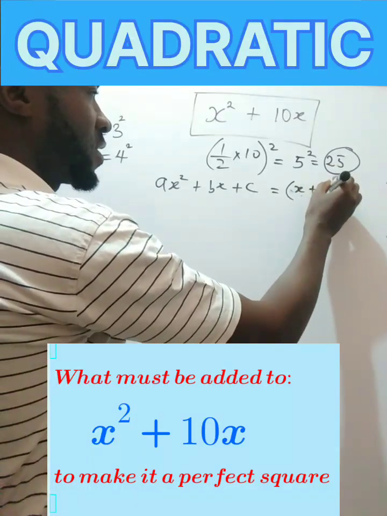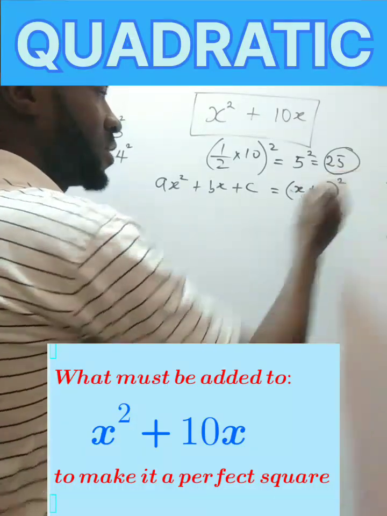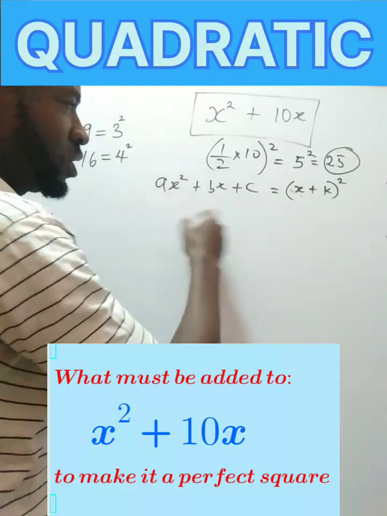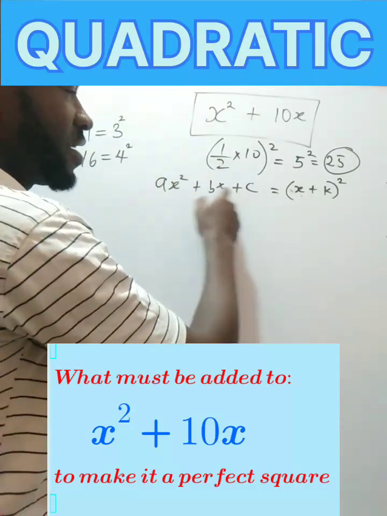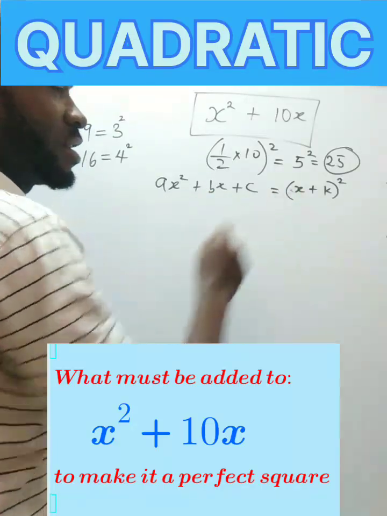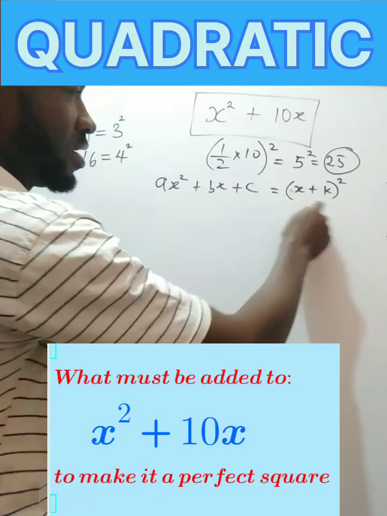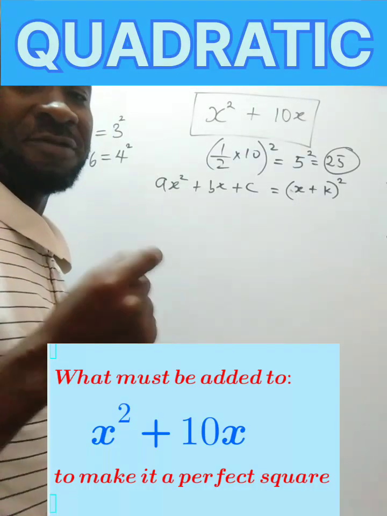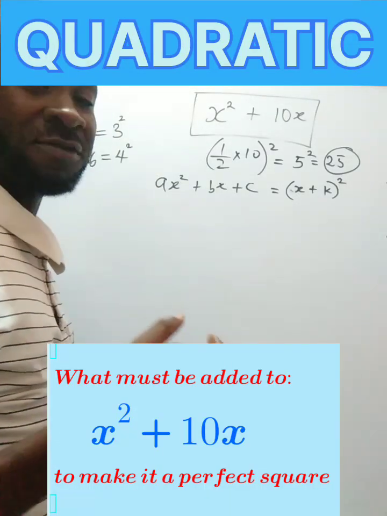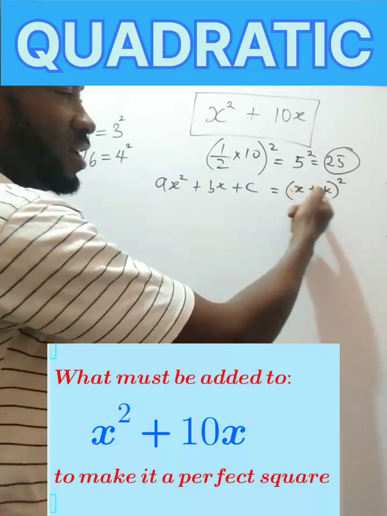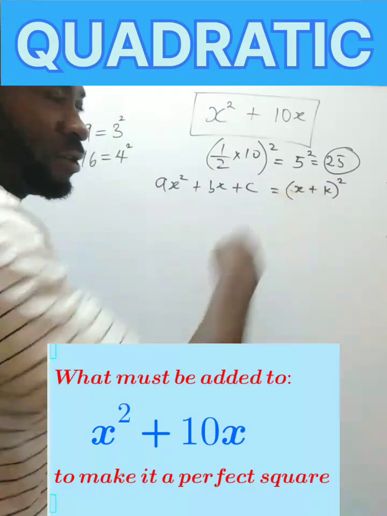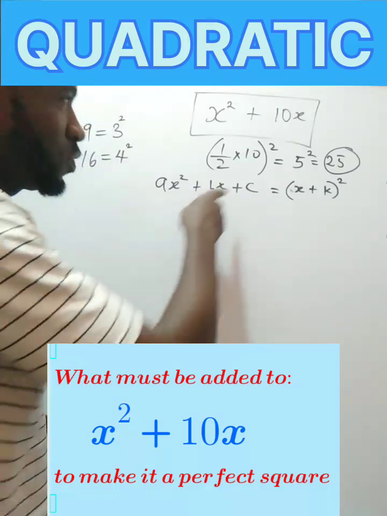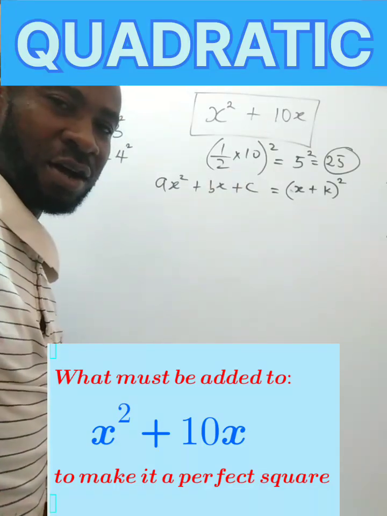Let's use k this time, squared. Remember that in a quadratic expression, its factors are always a bilinear function such as this. This is the idea we're going to use to answer this particular problem.